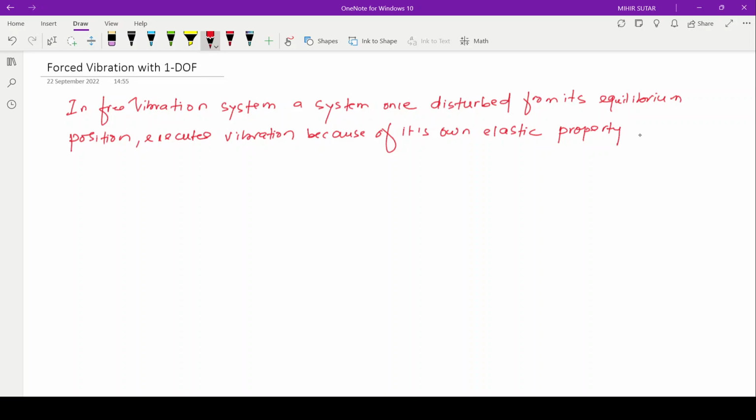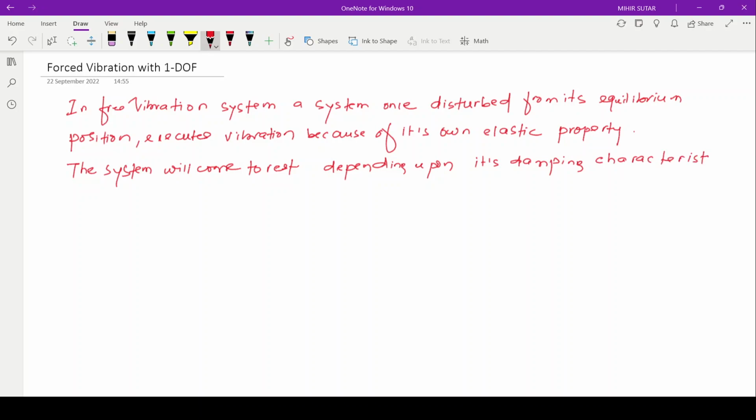The system will come to rest depending upon its damping characteristics.